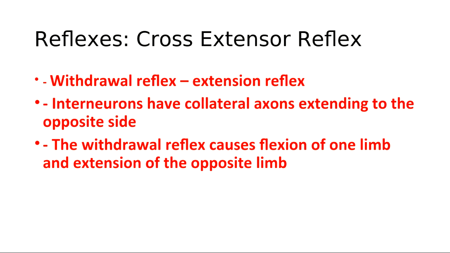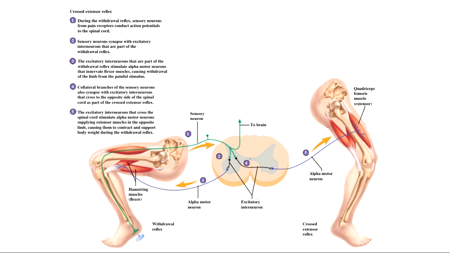A withdrawal reflex, or extension reflex, is a polysynaptic reflex. And some of them can get pretty complicated. This one right here is showing you somebody stepping on a tack, and now you have two things going on. You have one leg that is going to have to flex, while the other leg is going to have to extend in order to catch balance.